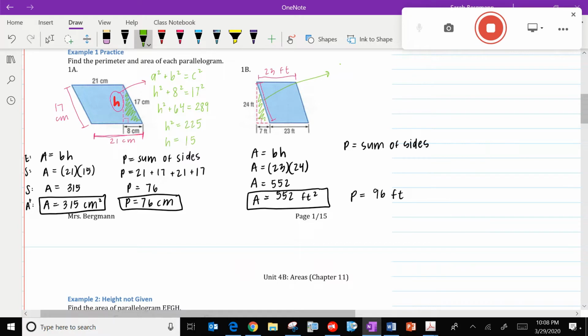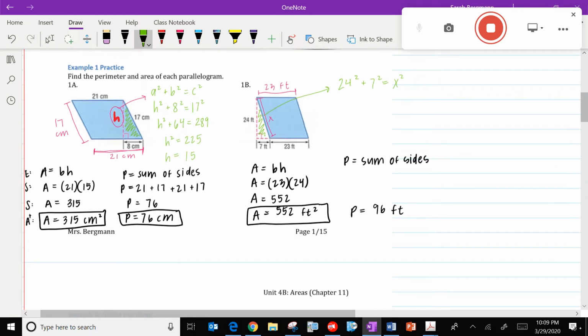I know that 24 squared plus 7 squared would be equal to, I'm just going to call this x, that's hard to read though. So let's call that x, so it equals x squared. Remember, c always has to be the hypotenuse, which is the side across from the right angle.